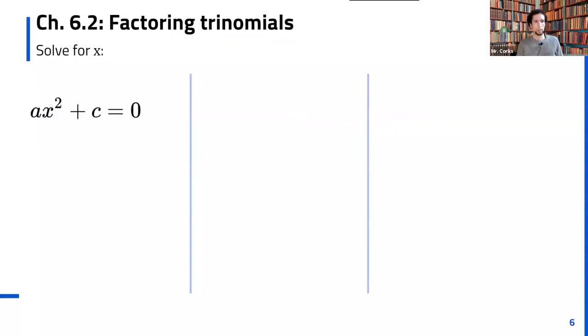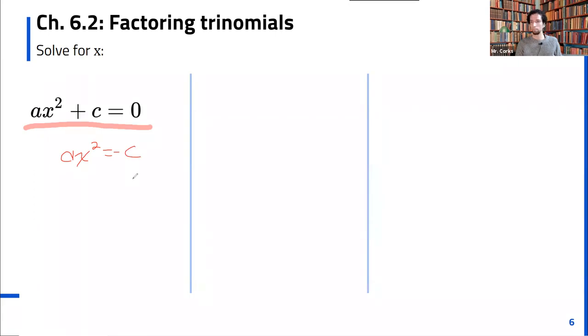So let's say we have something like this, and we want to solve for x. So what could we do? We can move c to the other side of the equation. So ax squared equals -c.